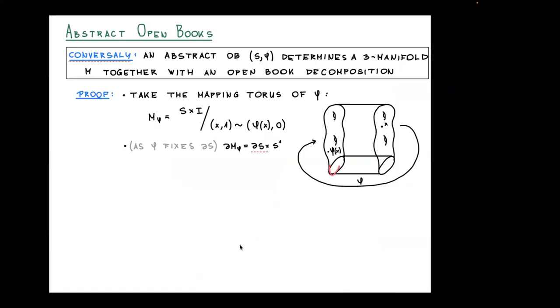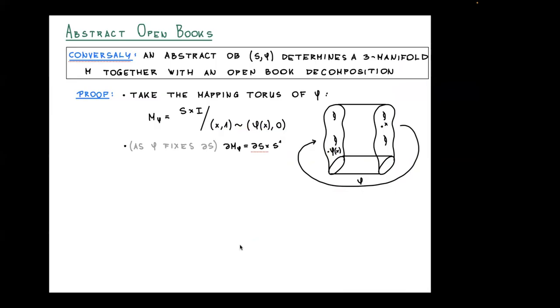This is the surface cross interval, and then I glue the right-hand side of the picture to the left-hand side of the picture with the monodromy phi. So point x is mapped to phi of x, and those two points are glued together. That's what's written here.